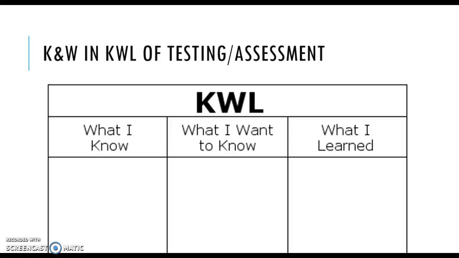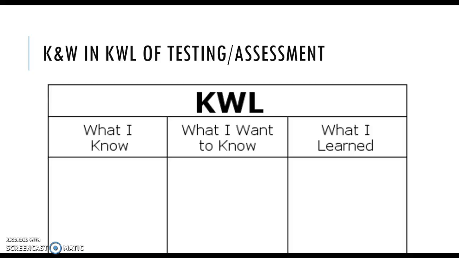So next, what we're going to do is we are going to use a KWL. So hopefully you're familiar with that. KWL is a strategy used to activate background knowledge and also to help guide my planning in the course, if you will. So today what we're going to do is we are going to fill out the K and the W. And then at the end of the course, I will collect these and save these.